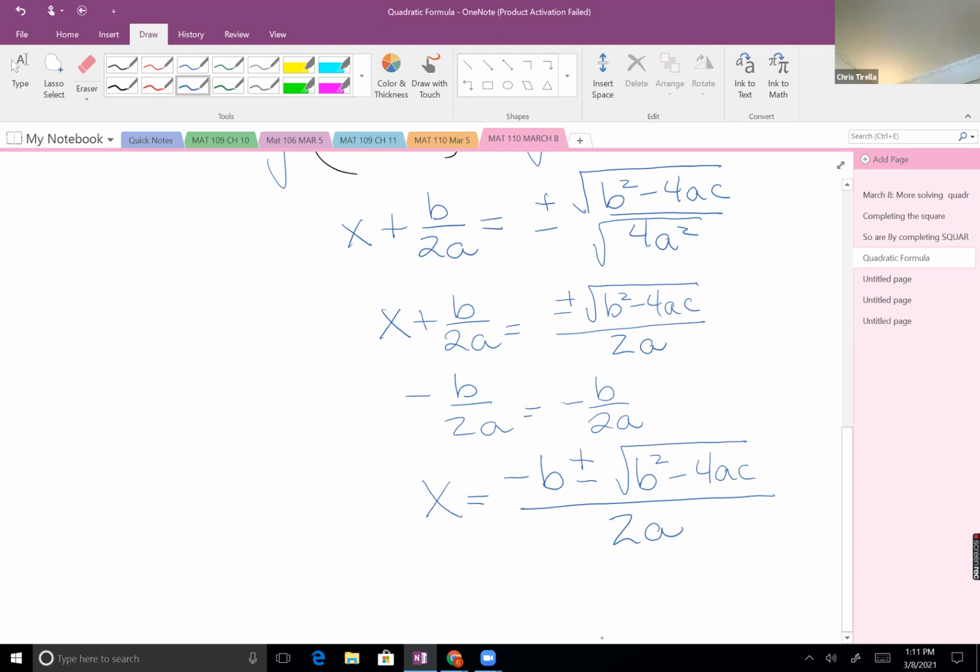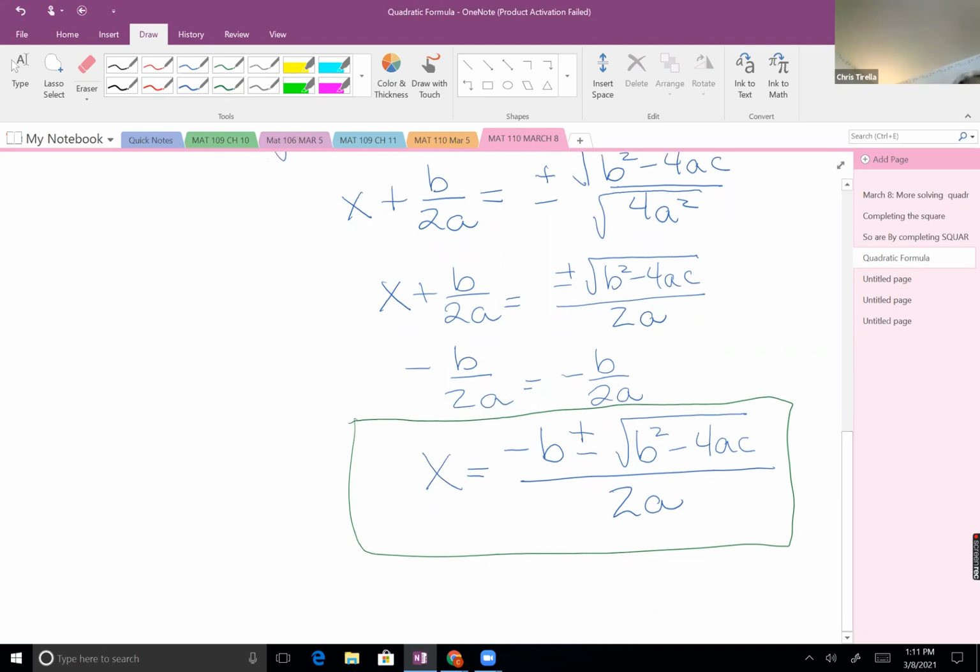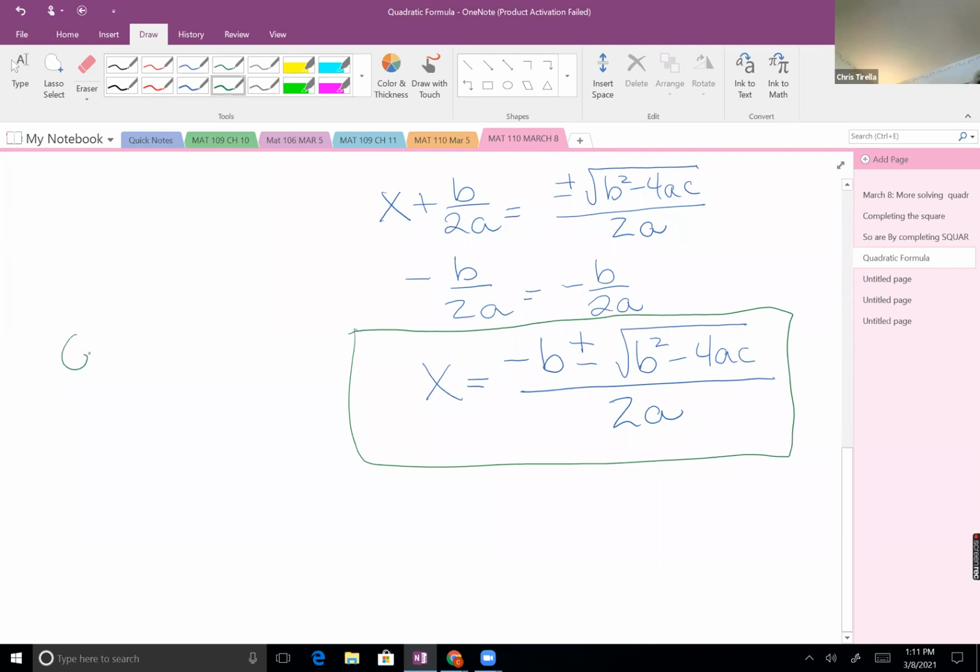And of everything we just did, folks, this is the thing you have to remember. You need to become one with that formula. This is called the quadratic formula.